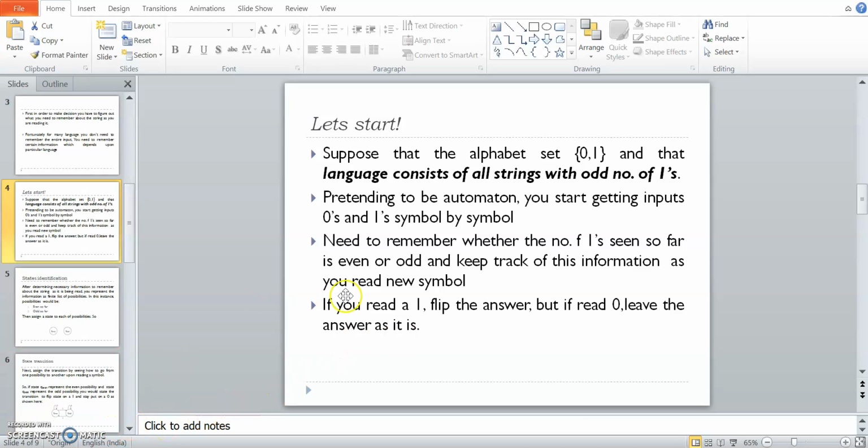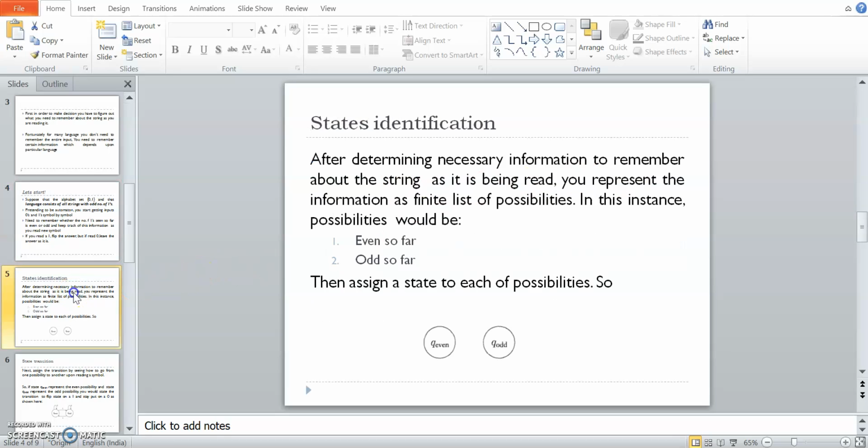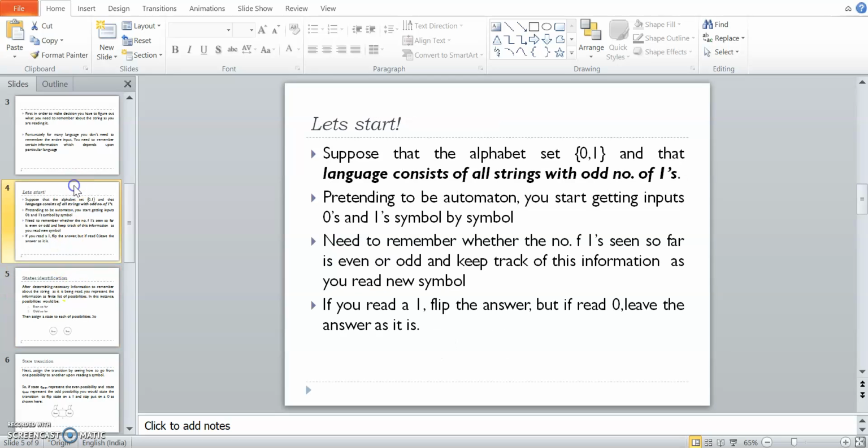Why is this so? Because our target is to find the odd number of ones. So first, pretend to be an automaton. Second, remember some part of the string.